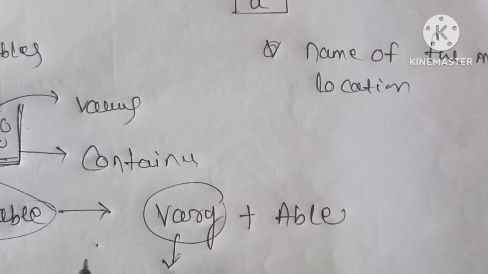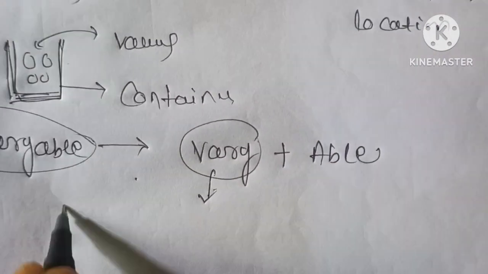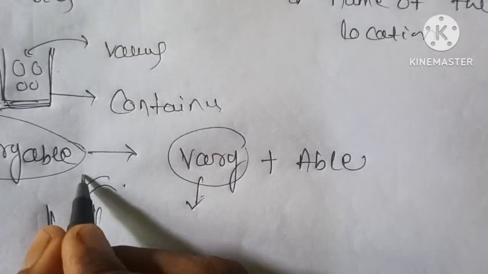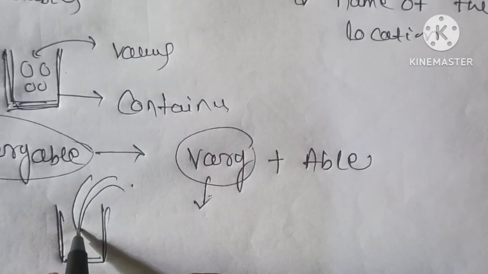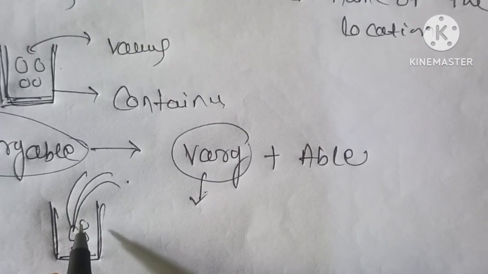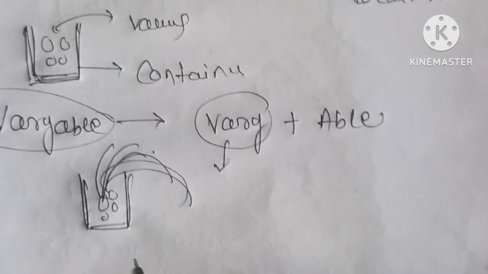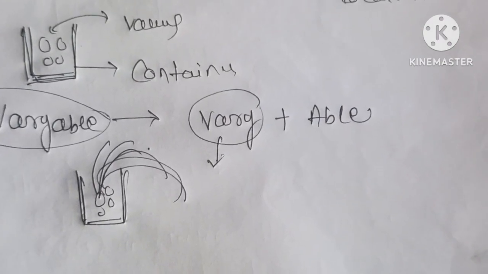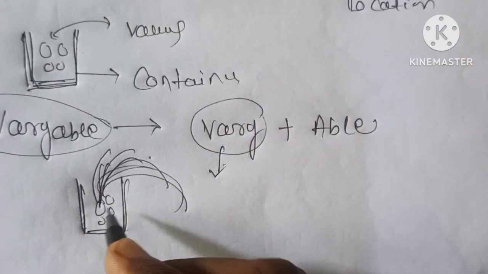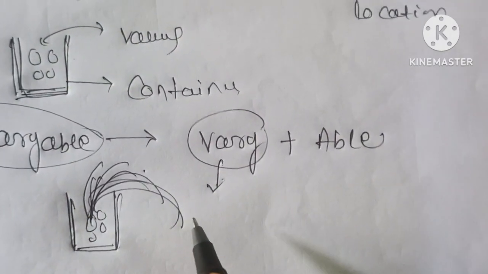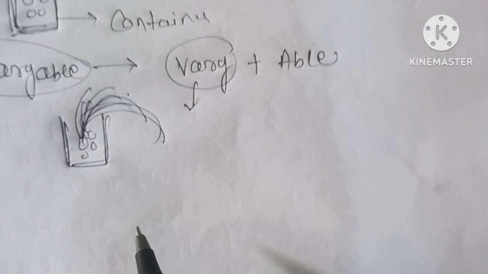If I give an example, if this is a variable and I put something into that variable, after that I can also remove it. So it is not only fixed, as per the user requirement we can remove these things. This is our variable concept.